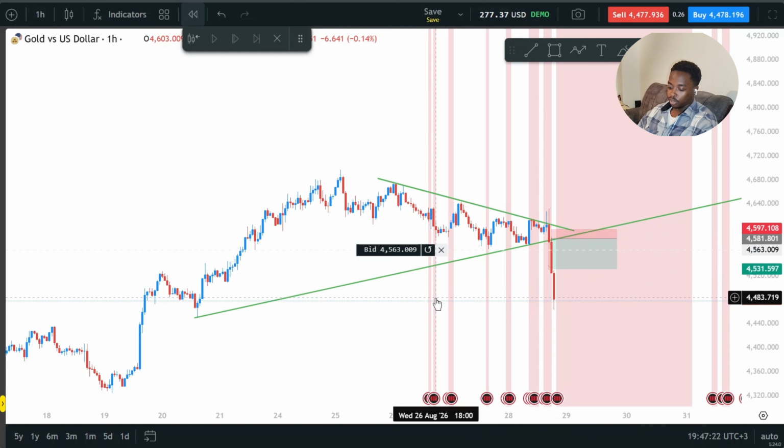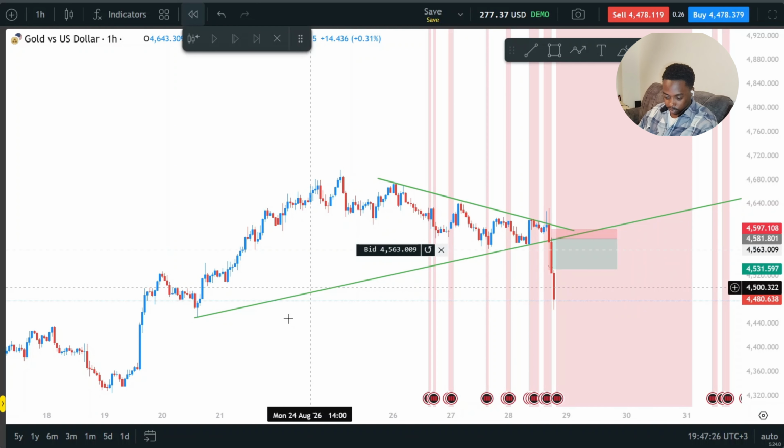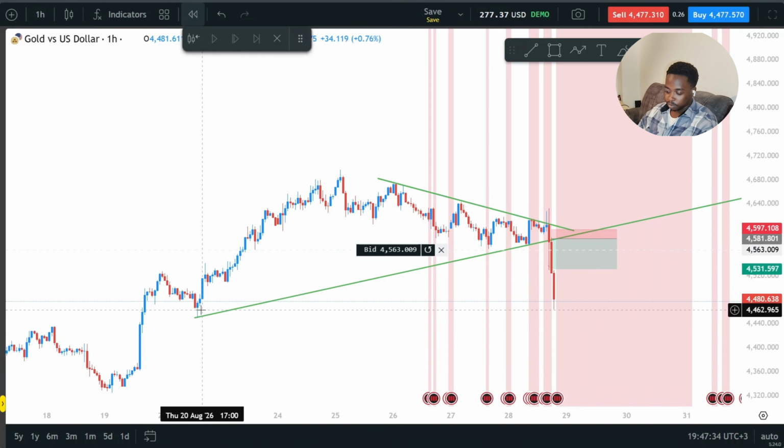But if you're aiming to trade with this strategy, the price almost retraces back to the previous major swing low or swing high, depending on the trend in which you are trading with.